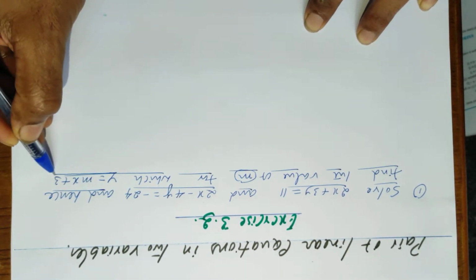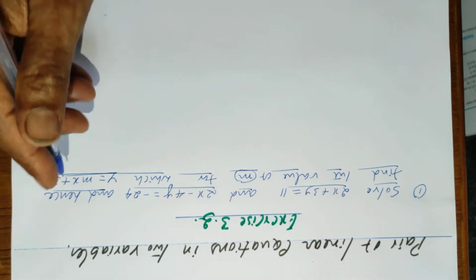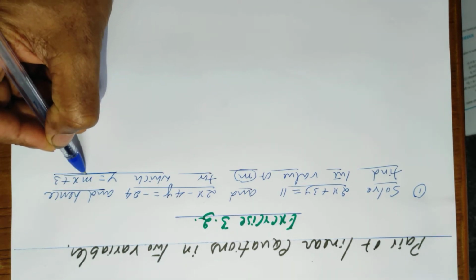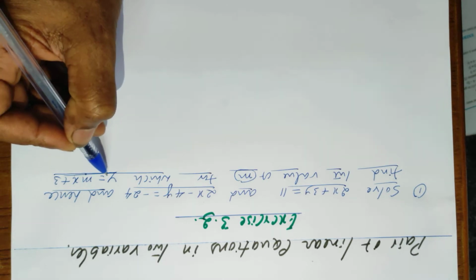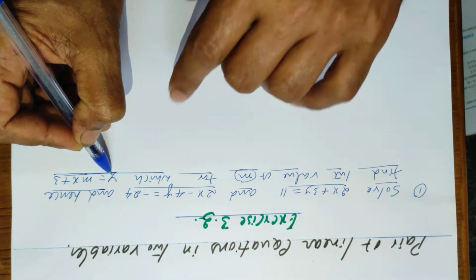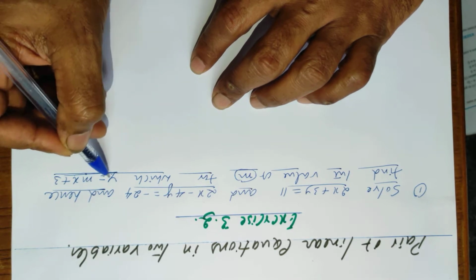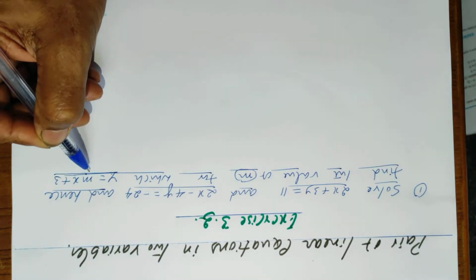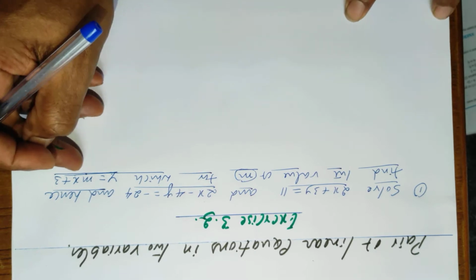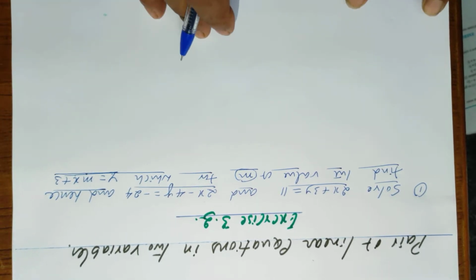Another relation is given. First you have to find out the value of x and y by substitution method, and you have to substitute the values of x and y in this relation, and you can easily find out the value of m.